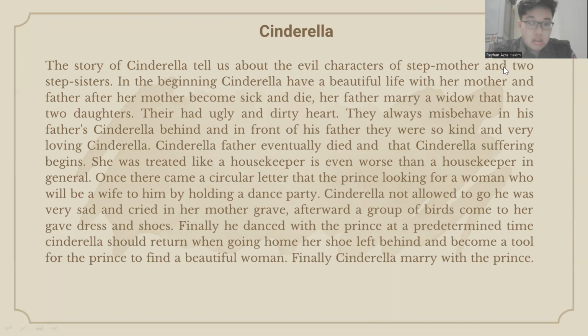Cinderella was not allowed to go there, and she was very sad and cried at her mother's grave. Afterward, a group of birds came to her with the fairy godmother and gave her a dress and shoes. Finally, she went to the prince's castle and had a ball with him.